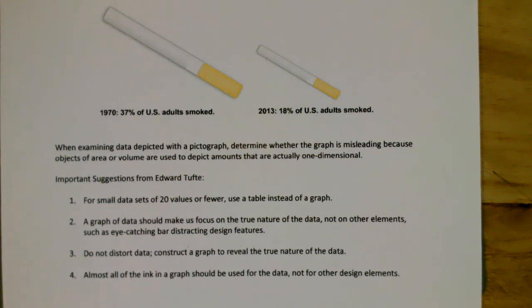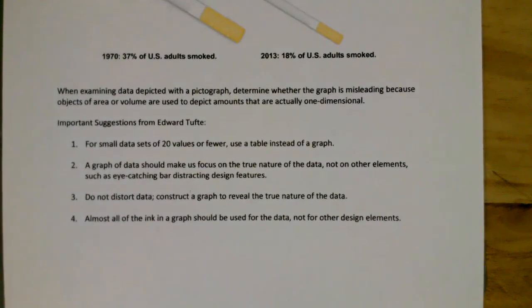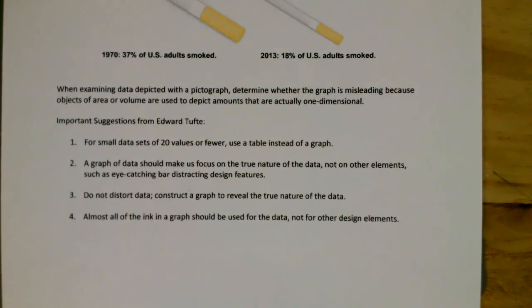And I'll end with some important suggestions from a graphic designer named Edward Tufte. And it says here, for small data sets of 20 values or fewer, use a table instead of a graph. Number 2, a graph of data should make us focus on the true nature of the data, not on other elements such as eye-catching bars or distracting design features.